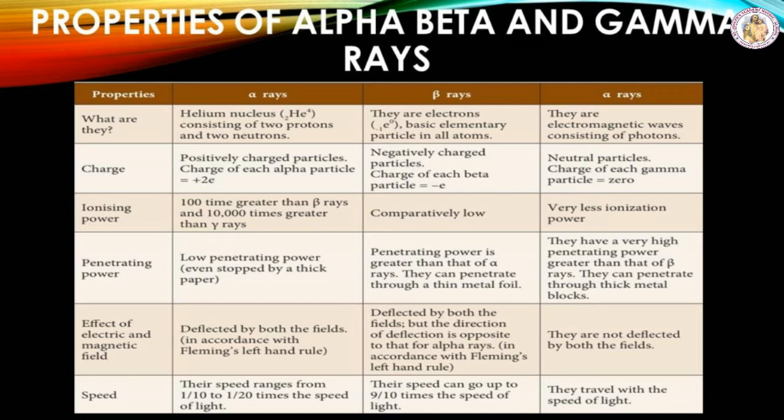Next, the effect of electric and magnetic fields. Alpha rays are deflected by both the electric and magnetic fields, according to Fleming's left hand rule.